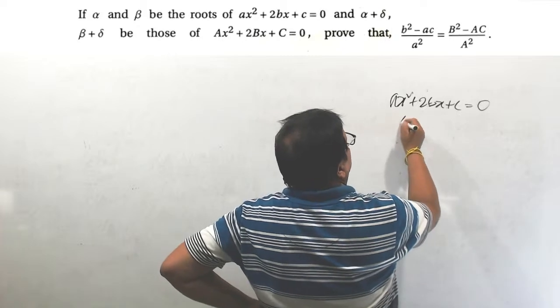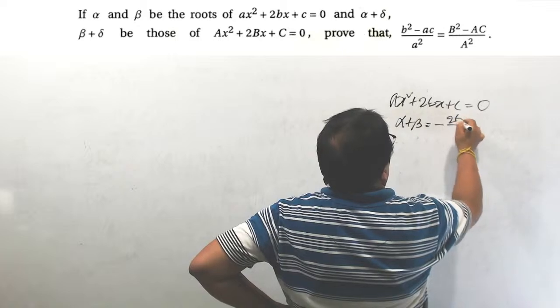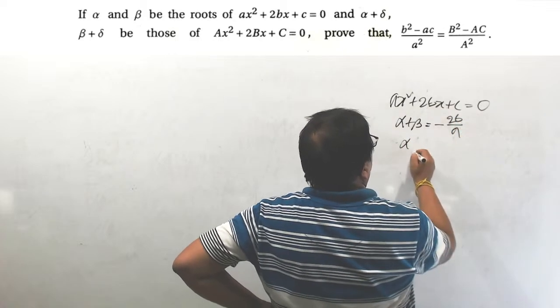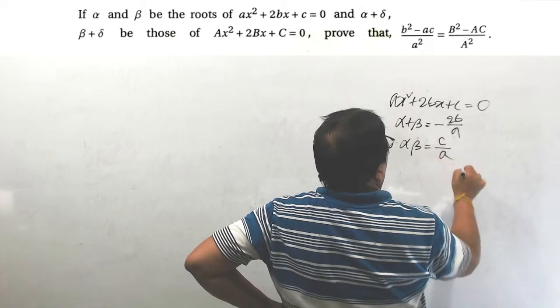Alpha beta be the roots, then alpha plus beta is equal to what? Minus 2b by a. What is product? This is equal to c by a. Understood?